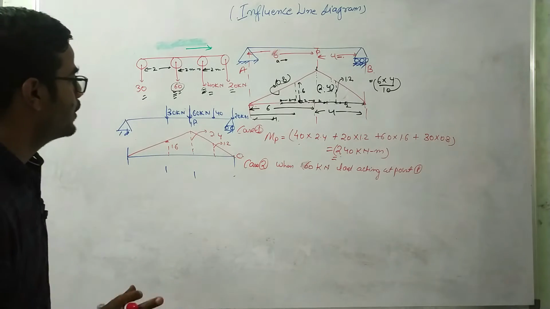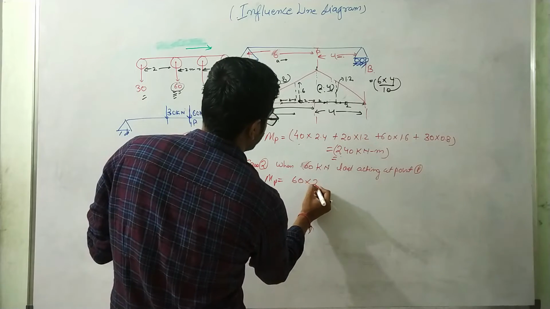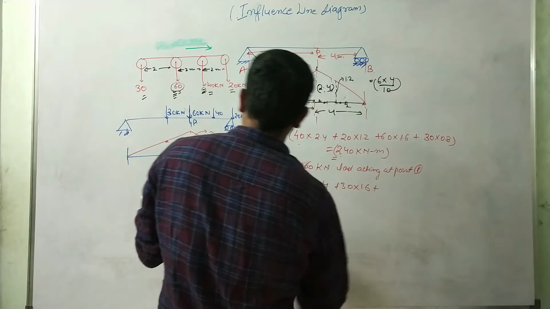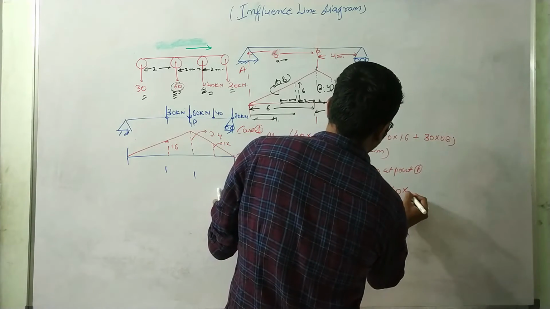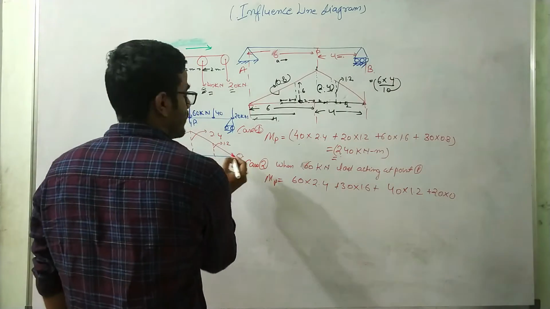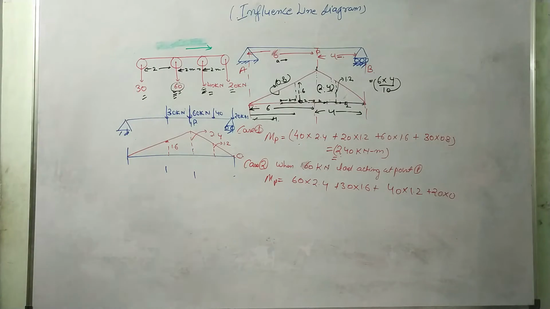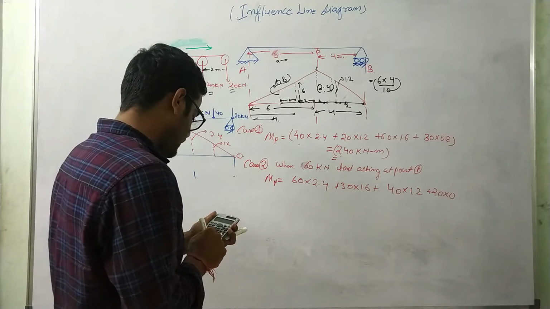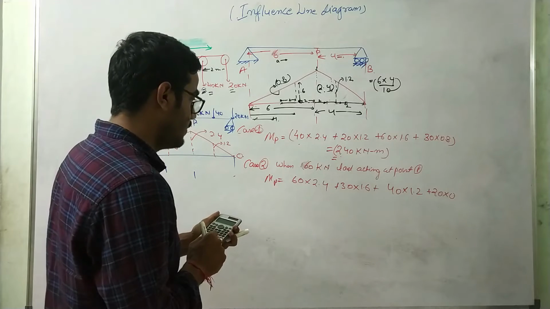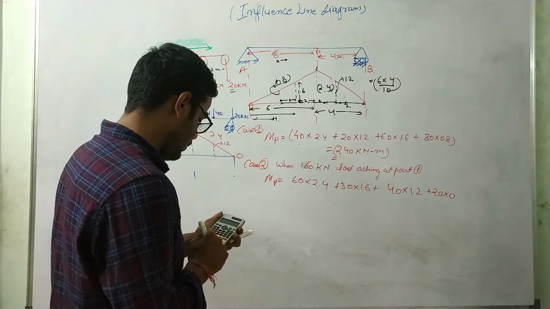So when the 60 kilonewton load is acting at point P, the MP will be 60 into 2.4 plus 30 into 1.6 plus 40 into 1.2 plus 20 into 0, because at this point the ordinate of the influence line diagram is 0, that's why 20 into 0.